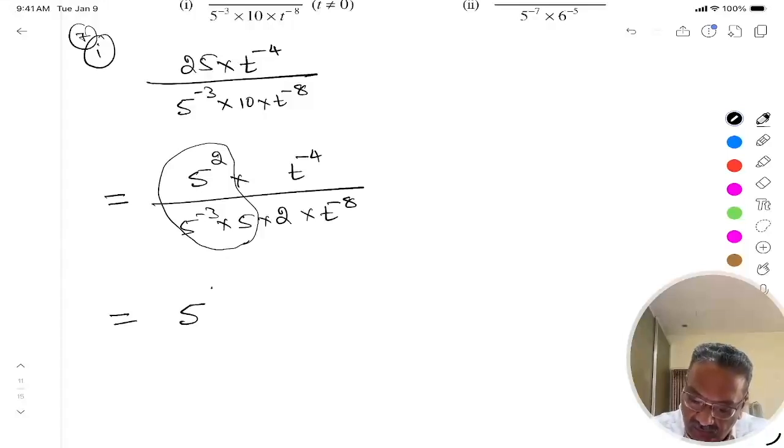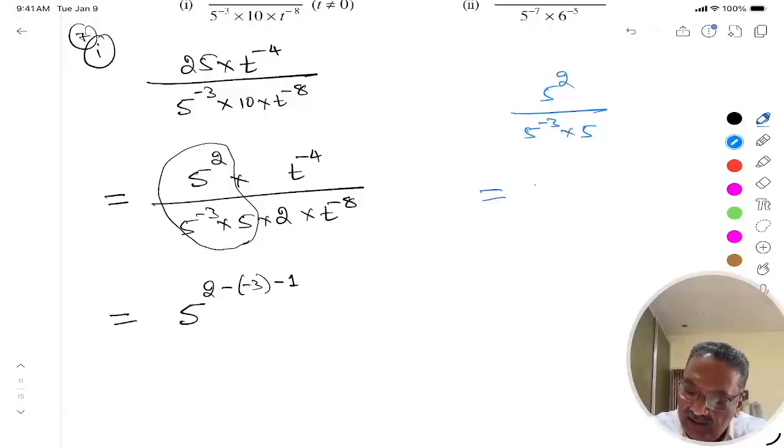So this becomes 5 to the power of 2 minus minus 3 minus 1. I will just show this sidewise if you are confused. 5 square divided by 5 to the power of minus 3 into 5. First let us take this: it becomes 5 to the power of 2 minus minus 3.